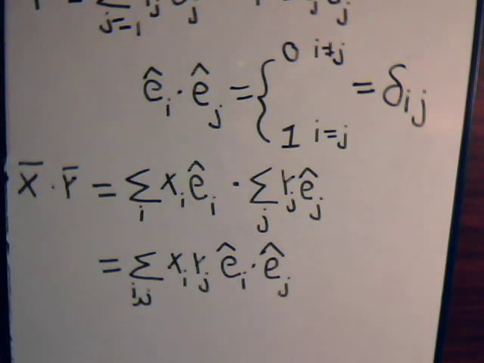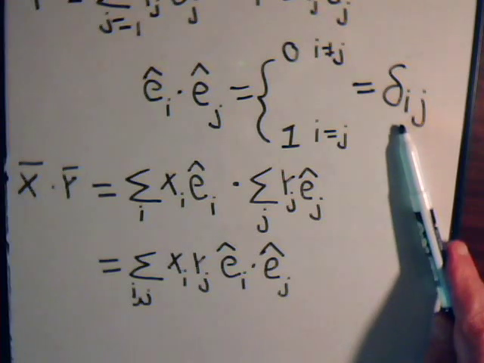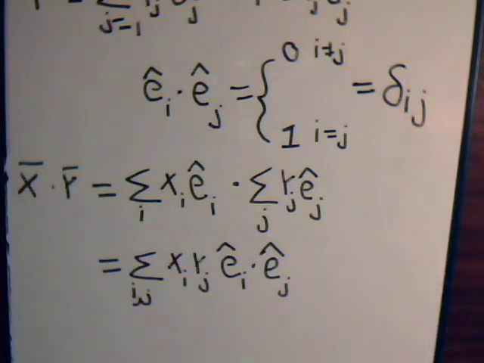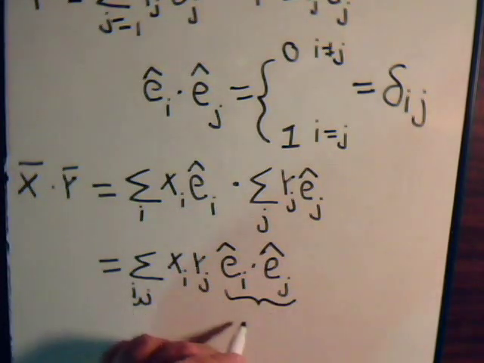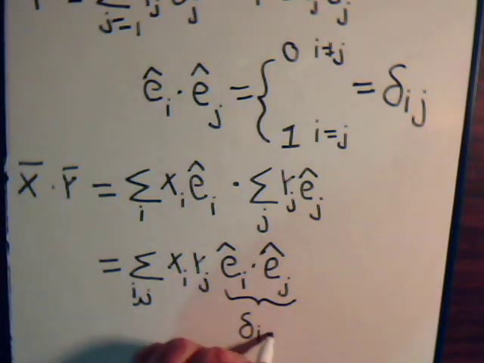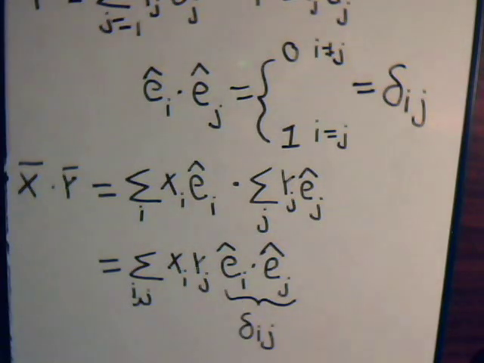And now it's under a single summation sign, but we're summing over a double index. But ei dot ej gives us just our Kronecker delta symbol. So let's write this in place of ei dot ej.